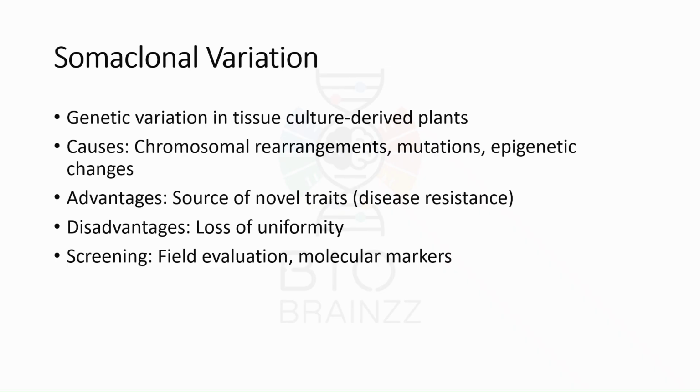From an application standpoint, somaclonal variation can be exploited to develop disease resistance or stress tolerant plant varieties. However, it also poses a challenge in micropropagation, where genetic uniformity is required. Therefore, careful screening using field evaluation and molecular markers is essential to identify beneficial variants while eliminating undesirable ones.